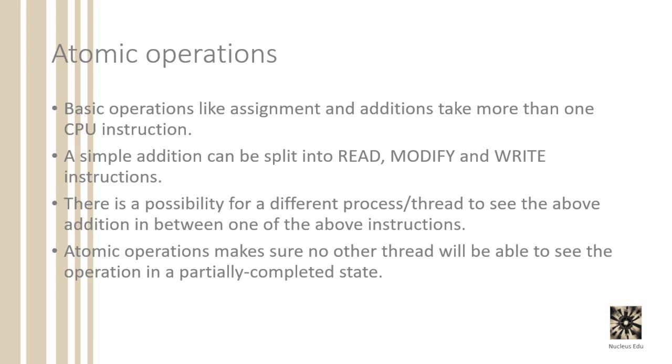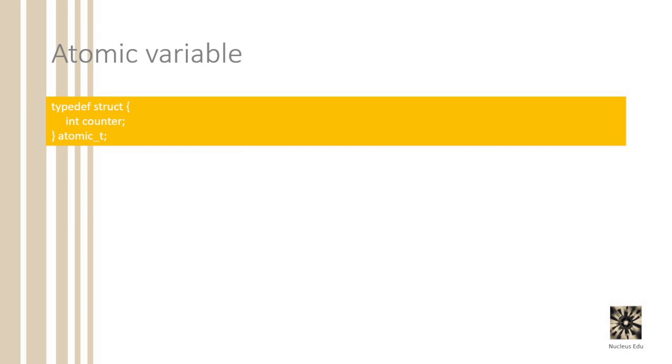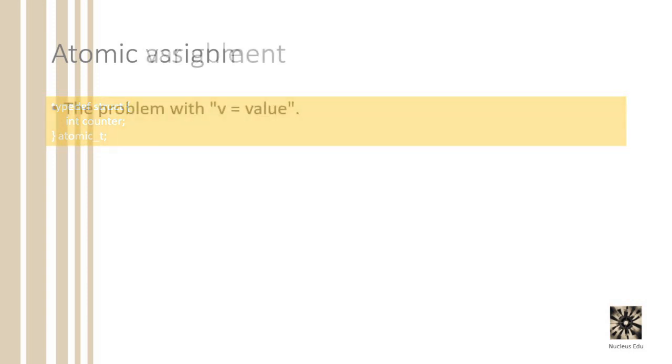So let's jump right into the atomic structure variable that is provided by the Linux kernel. And this is the definition. As you can see, it's a simple typedef over an integer which is named counter. Right, what we're going to do is look into two different cases and then discuss the internal implementation of these two cases and the functions that the atomic primitives in the Linux kernel provide and how they work internally.